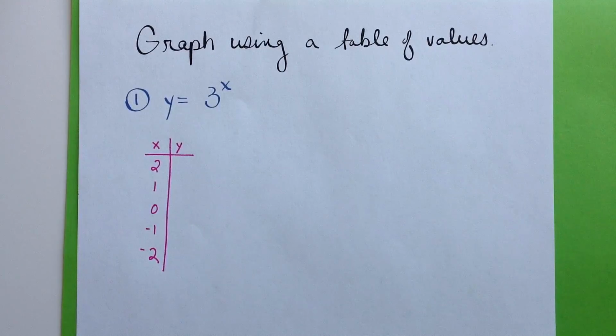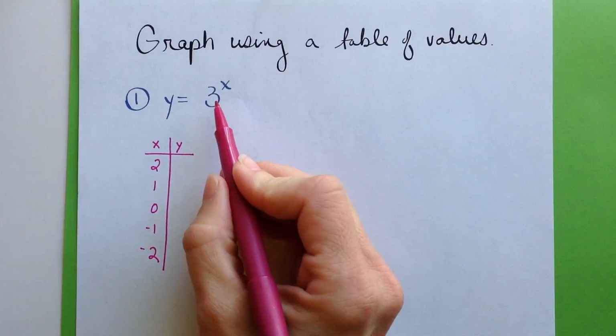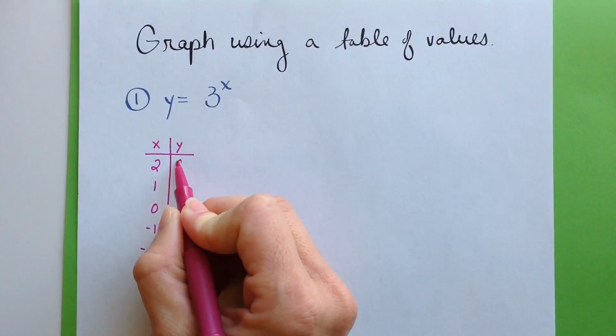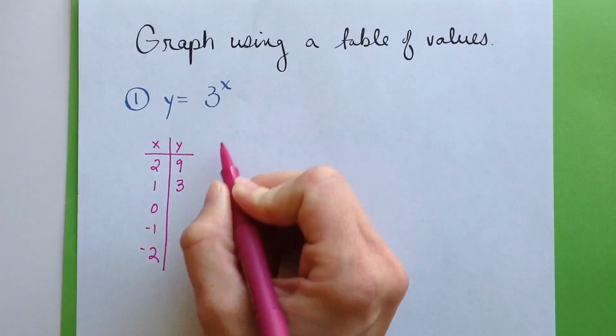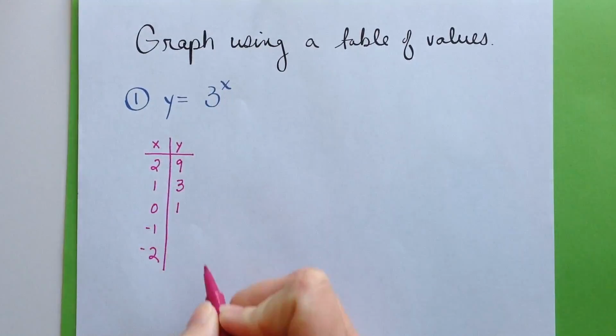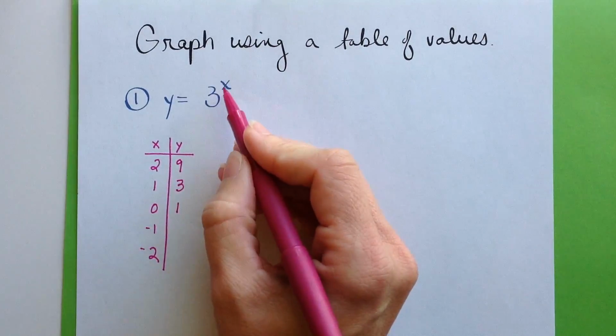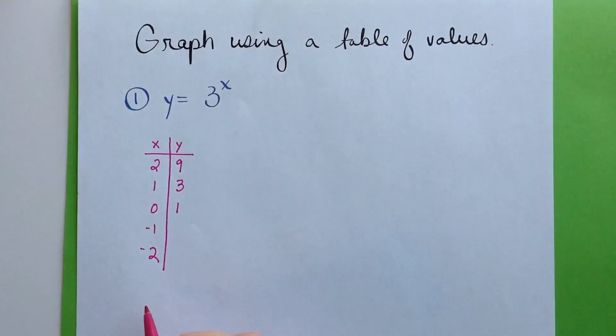All right, so substituting those in for x. Of course, first of all, you'd have 3 to the second power, which is 9. 3 to the first power, which gives us 3. 3 to the 0, which gives us 1. 3 to the negative 1. Now, just a reminder here about your negative exponents.